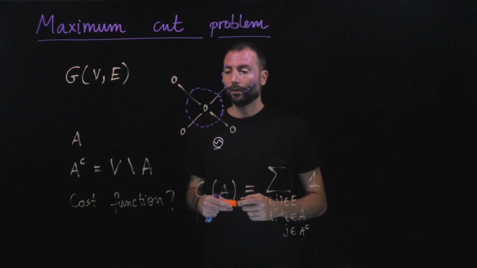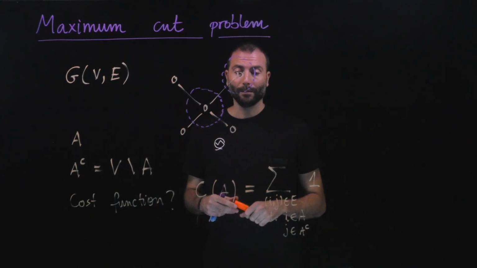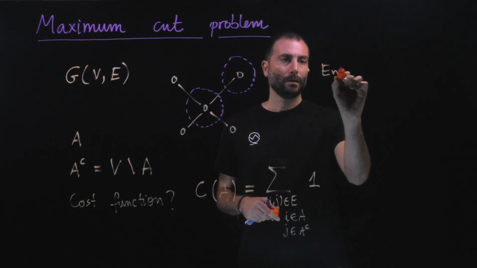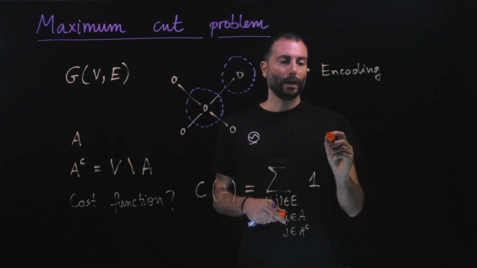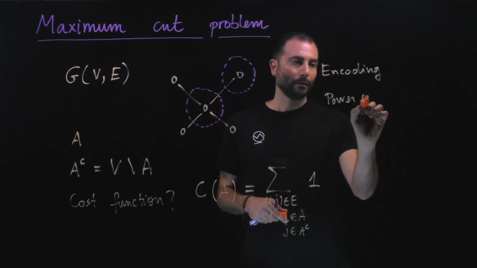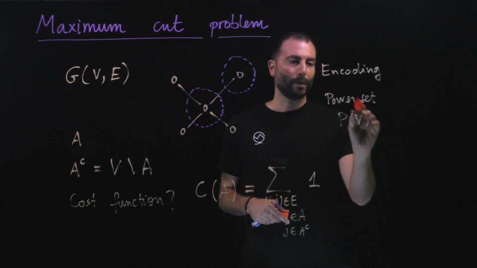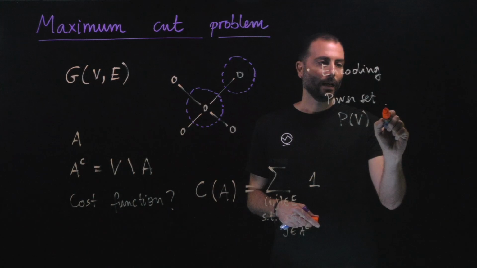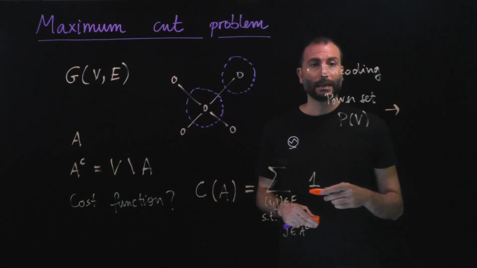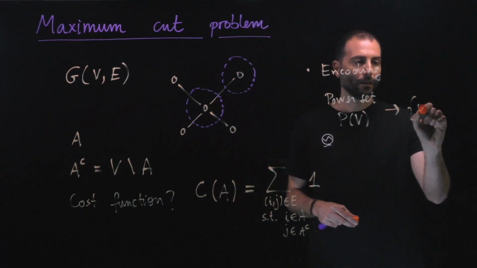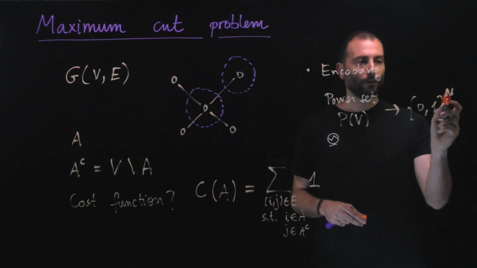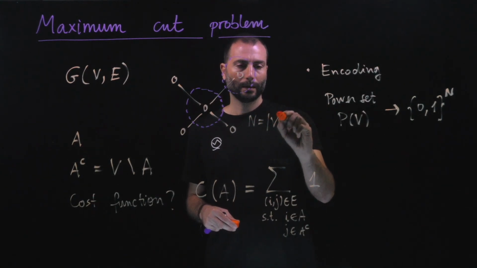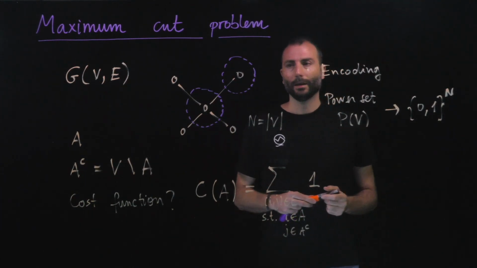So the first thing that we need to do in order to write this as a QUBO problem is to find an encoding from the power set of V, the set of all subsets of V, to the set of bit strings of length n, where n is the number of vertices that we have. Okay, so in this case it would be 5.